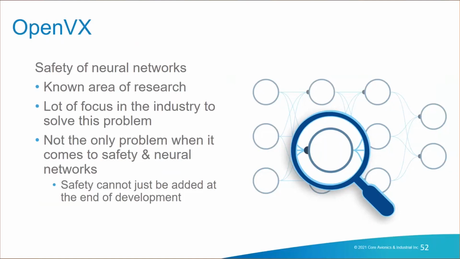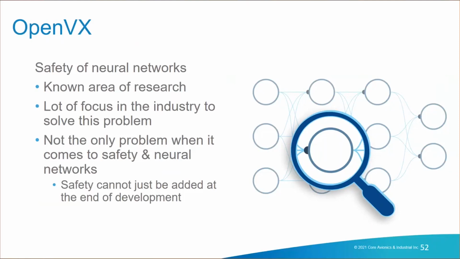But this is not the only problem that exists when we're trying to deploy neural networks in safety critical applications. Especially when we're talking about deployment, there's the big issue of how can we ensure that the neural network executes in a known amount of time, that it uses a certain amount of resources.